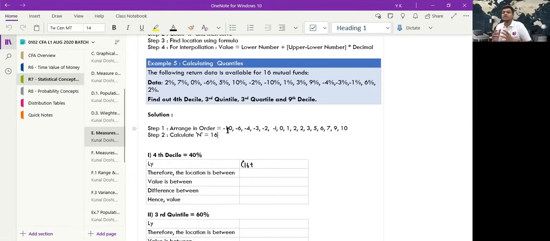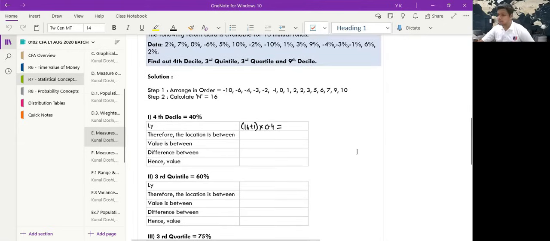And how much is the percentile? 40 percentile. So you write 40 by 100, or you can directly write 0.4. Now in your calculator, when you do 16 plus 1 multiplied by 0.4, what do you get? 6.8.